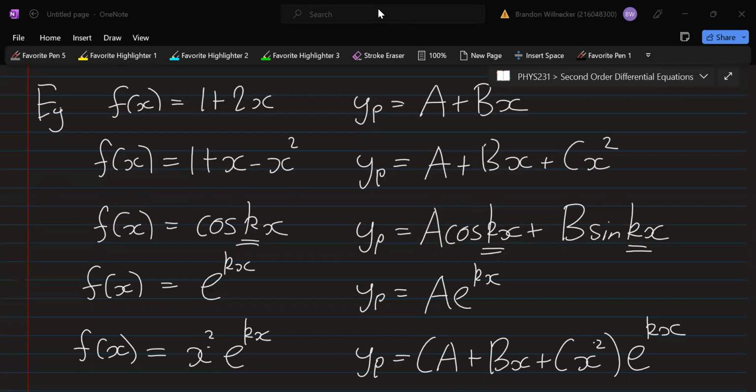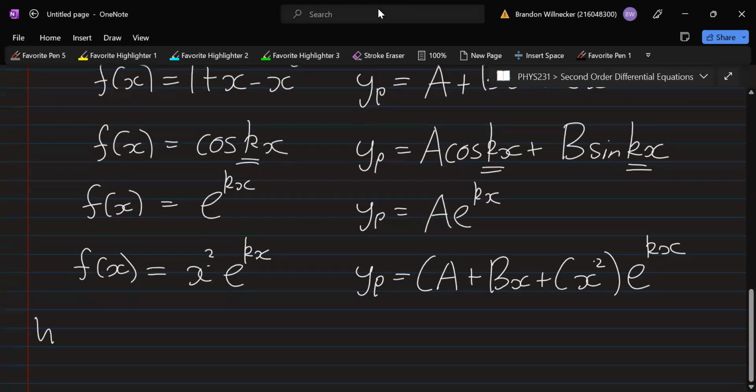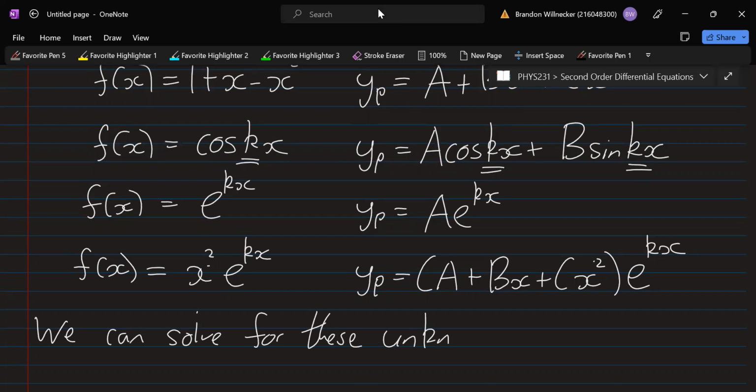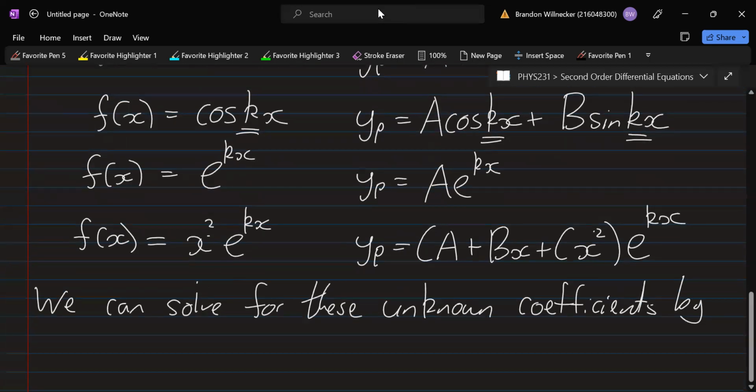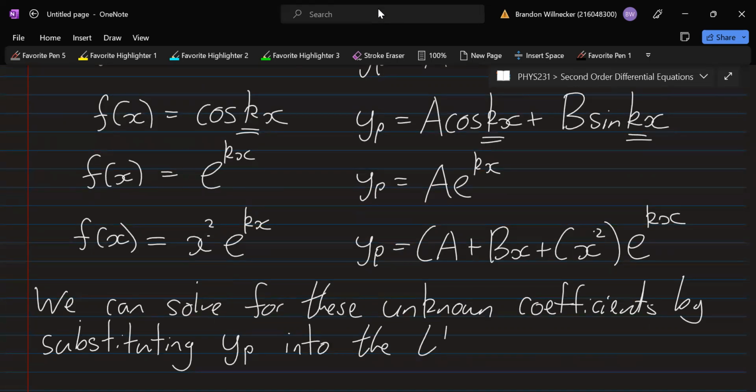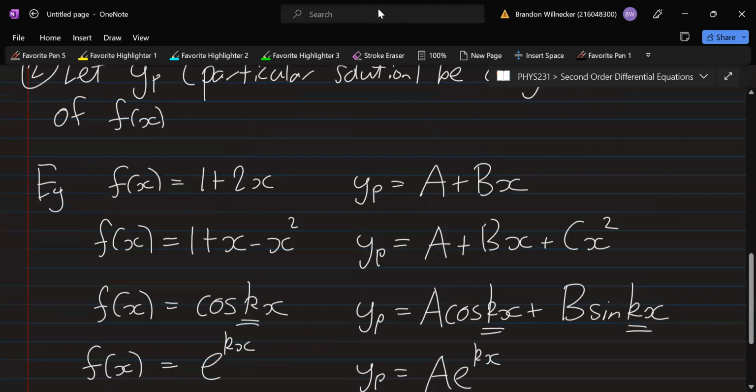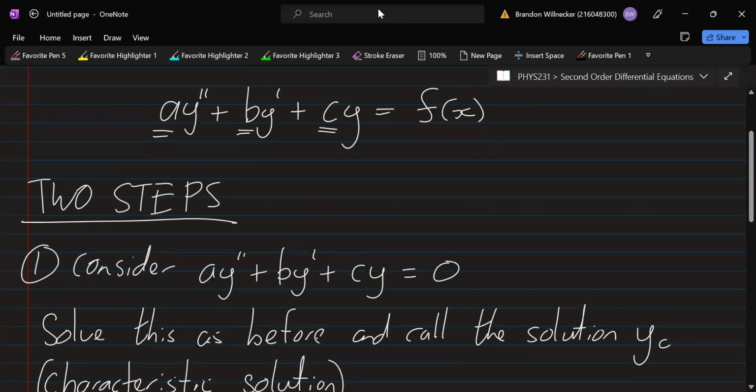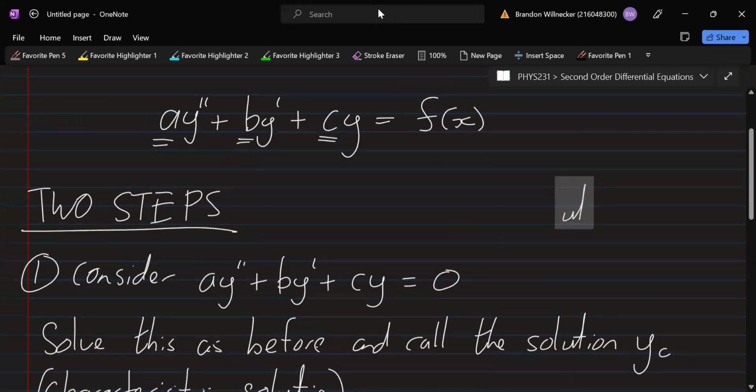So how do we then solve for the coefficients? We can solve for these unknown coefficients by substituting our particular solution, yp, into the left-hand side of the differential equation, the one with a y double prime plus b y prime plus cy.